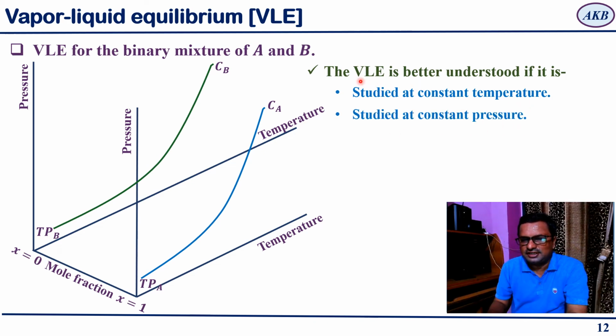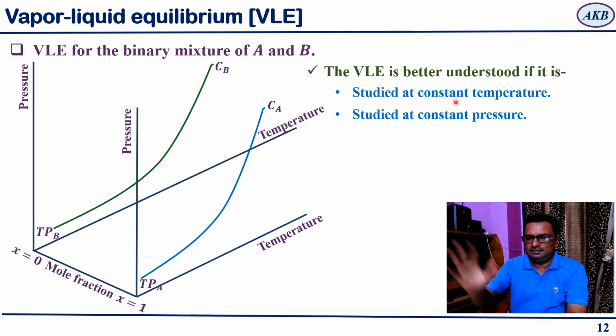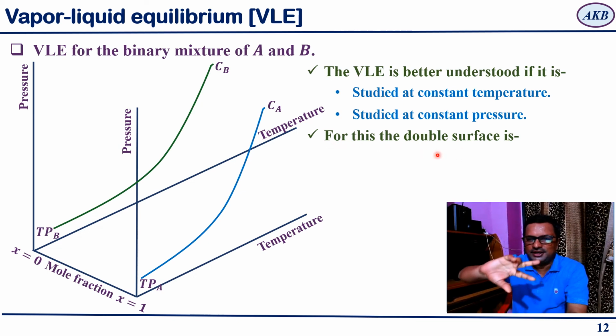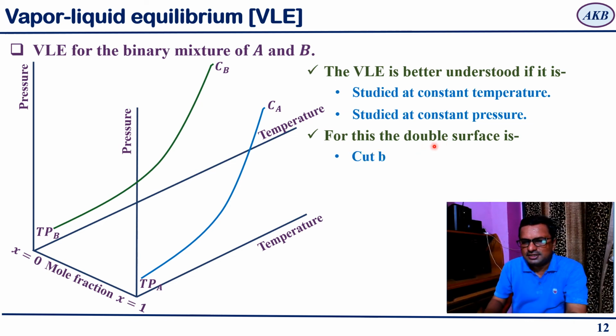So if you are studying VLE at constant temperature, you have constant temperature equilibrium. And if you are studying it at constant pressure, you have constant pressure equilibrium. So what is done for this? The double surface that exists between the two planes and which separates liquid and vapor region, you cut it by a constant temperature plane.